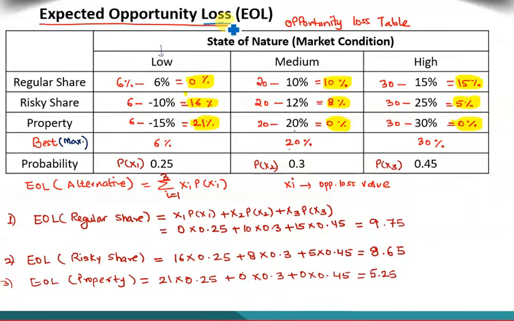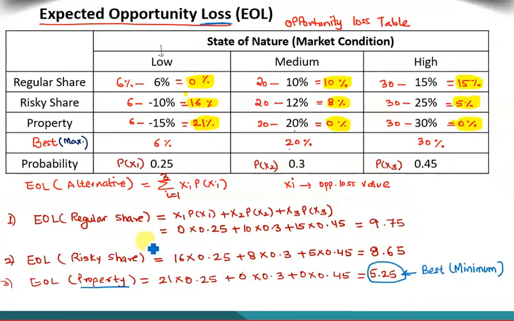We are talking about the loss. So when we talk about the loss, what is our objective? To minimize the loss. So here the best value is the minimum value, which is 5.25, which comes from the property. So this is the difference between EOL and EMV. In EMV, the best is the maximum.